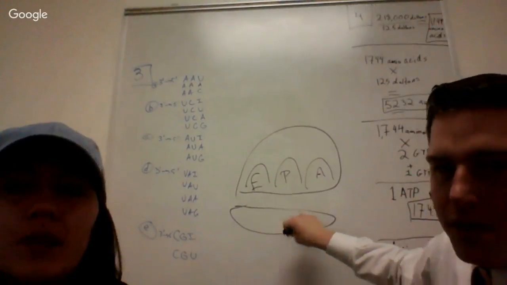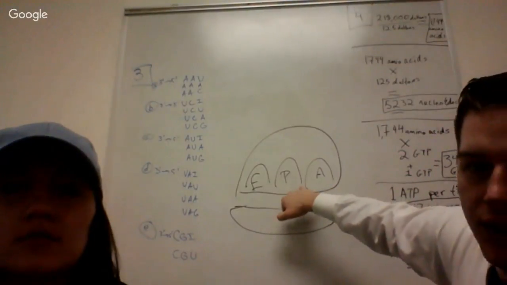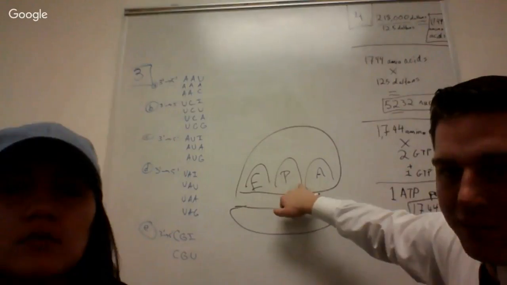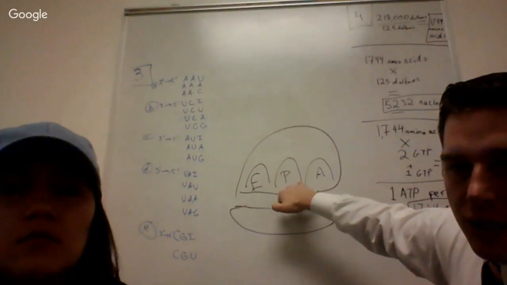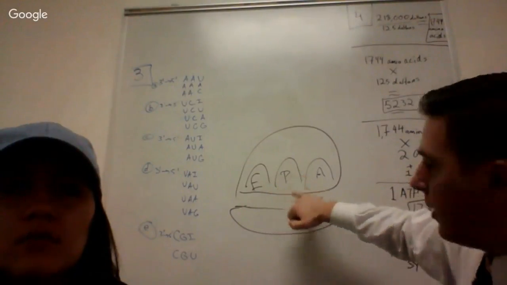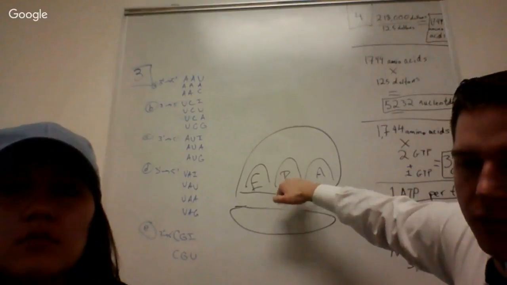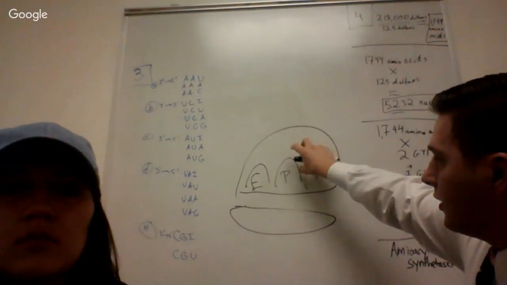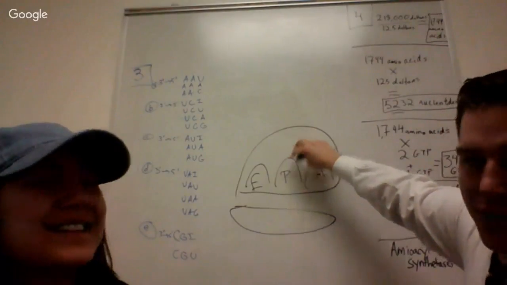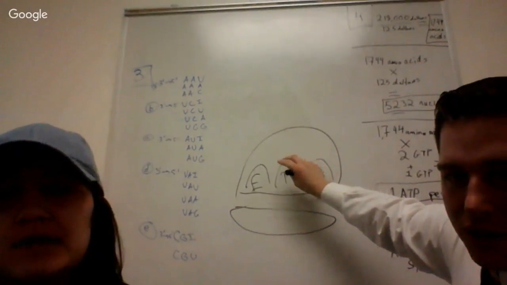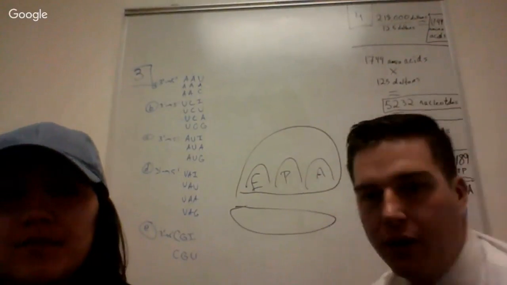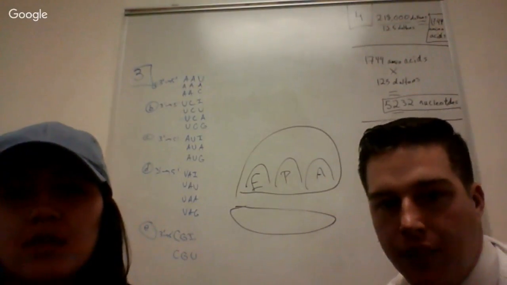The P site of the ribosome right here is where the initiator tRNA binds the ribosome and allows the polypeptide chain to begin to grow. And the A site is where the charged tRNAs enter.